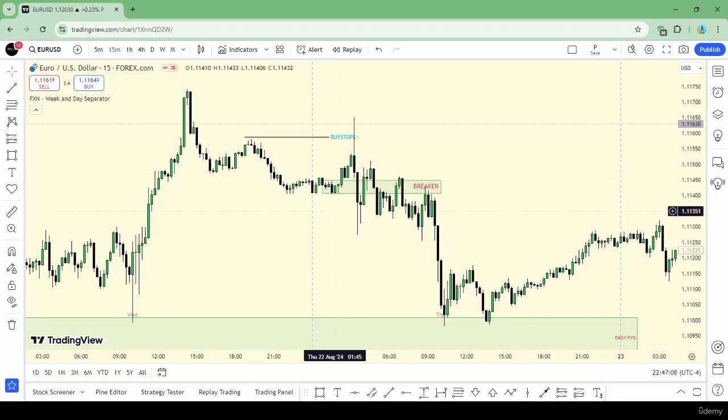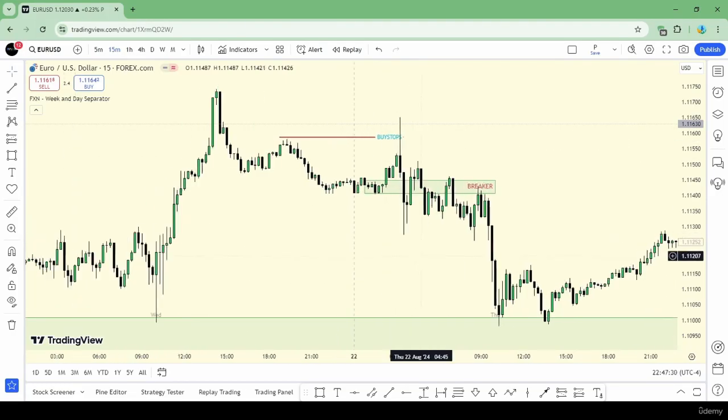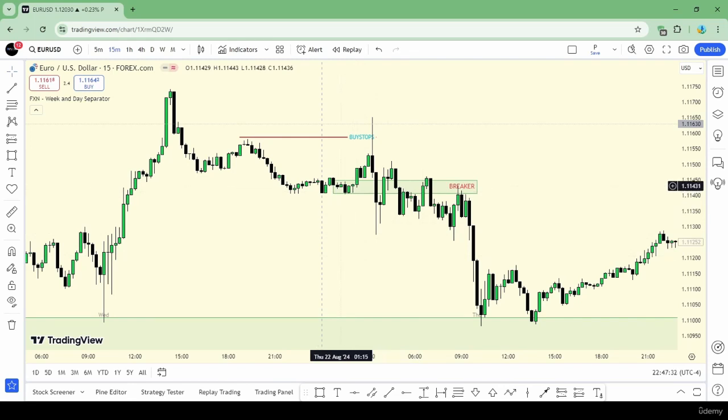In this scenario, the breaker is the last down close candle before the market moves lower. This candle is the last down close candle before the market ran higher to run buy stops, then immediately it reversed.